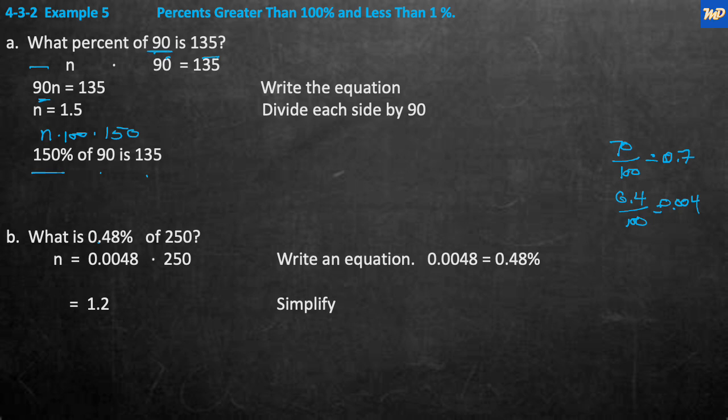So now, what is 0.48% of 250? So n is 0.0048 times 250. 0.48% of that number is some number. n is that number. And when you simplify this and you take 0.0048 times 250, you end up with n being equal to 1.2.